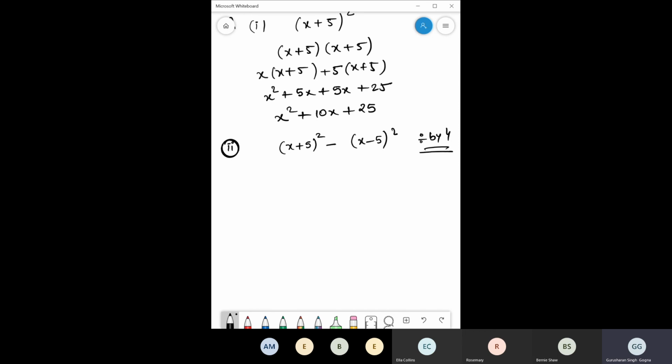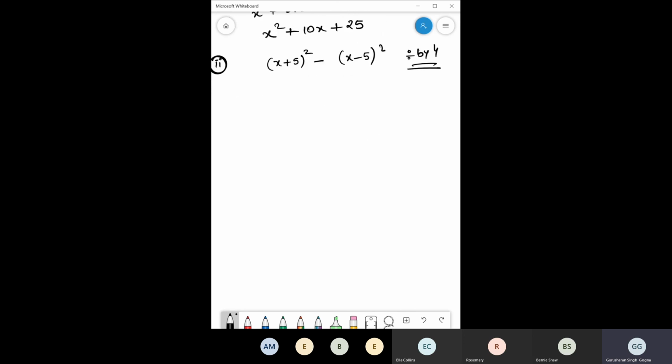And they said hence or otherwise. It means the solution of this is related to the previous answer. So I already know that (x + 5) whole square is x square plus 10x plus 25. So you don't need to do it again, okay? Because both questions are part of the same question.